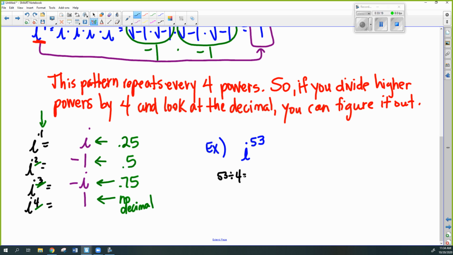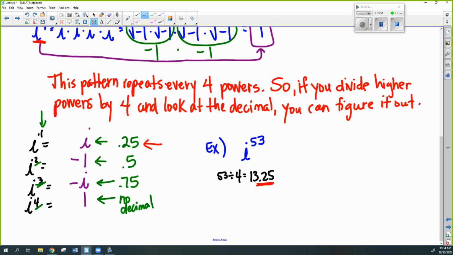53 divided by 4. Y'all tell me what you get. Good, Jordan. Anybody else? Tegan, good. Kaylee, awesome. Okay, I'm so glad that you guys are still with me. All right, you get 13.25. Now, I do not care about the 13. I only care about the decimal. And that decimal is 0.25, yes?